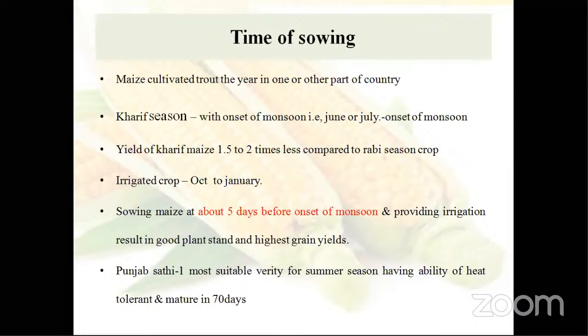This is another concept: in some areas, farmers follow dry sowing in Kharif season. Dry sowing means sowing 4 to 5 days before the predicted monsoon date. If the monsoon rains are predicted to start on 5th June, they will sow on 1st June.